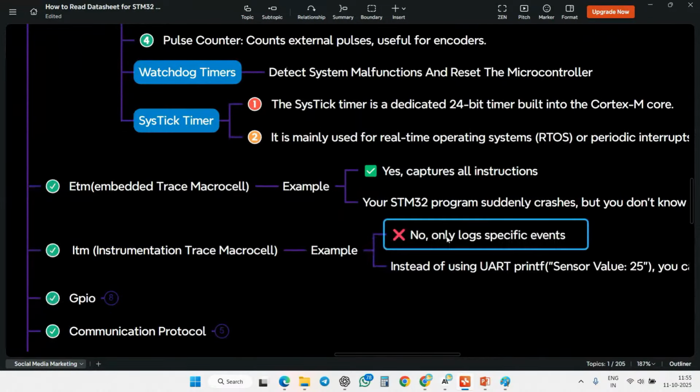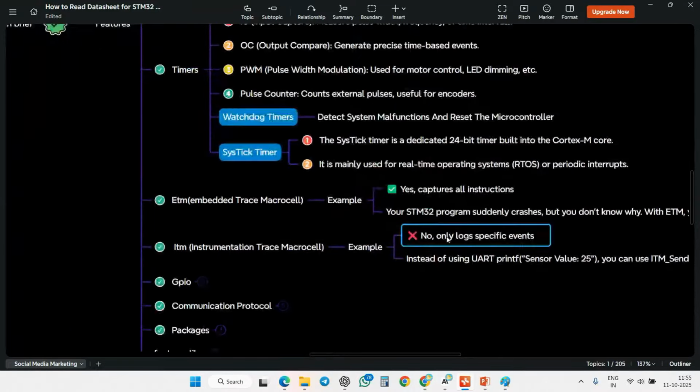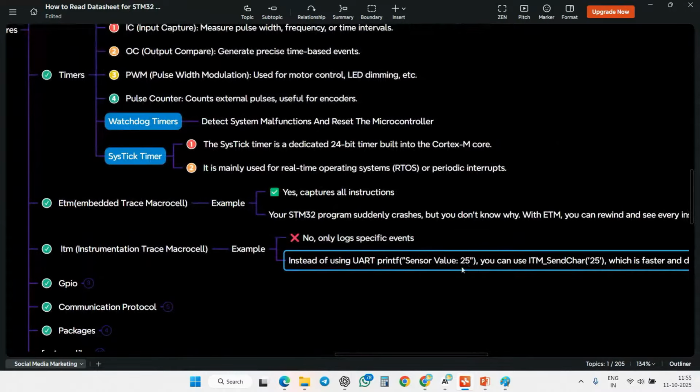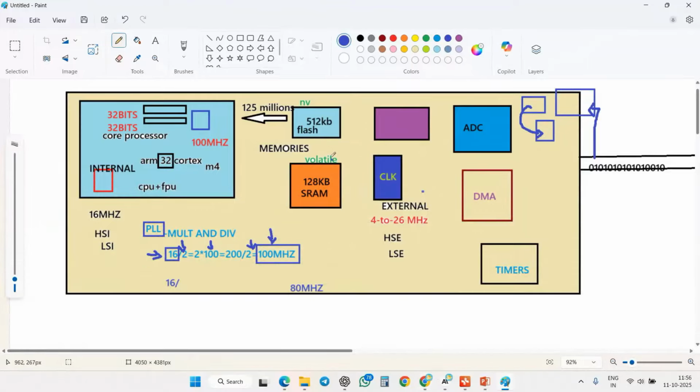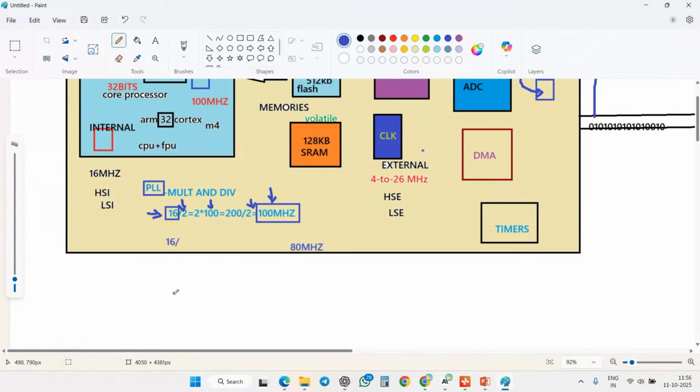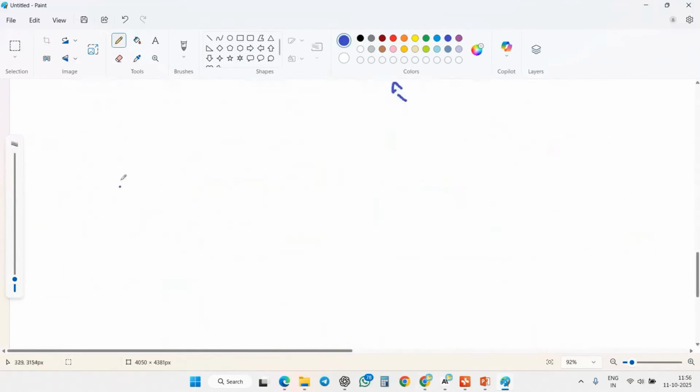ITM is also one of the parameters we are going to use for debugging the code. In STM32 Cube IDE, the console window is not open by default, unlike other compilers that have a console window.